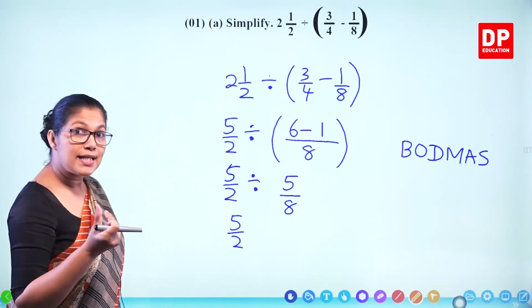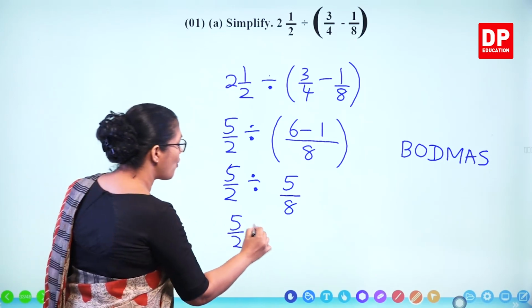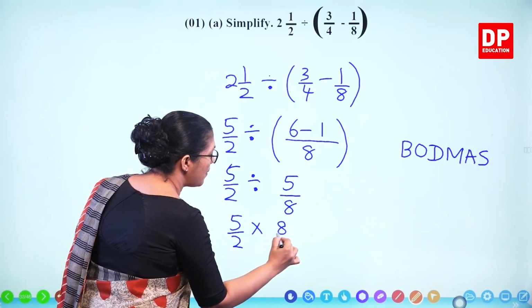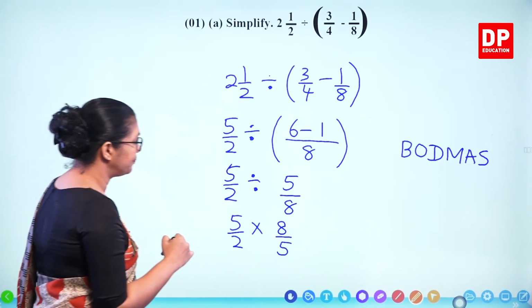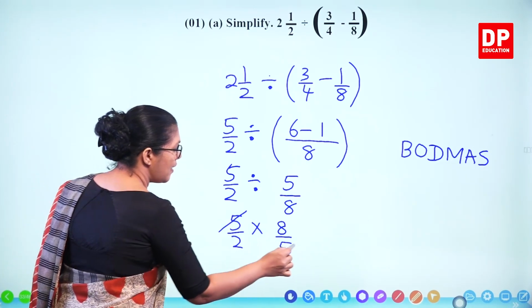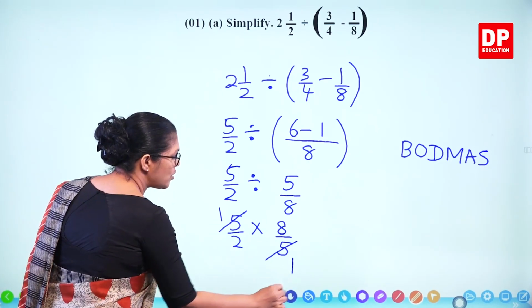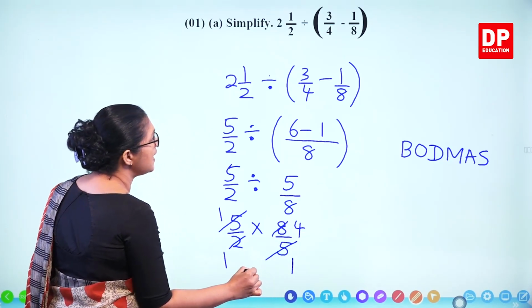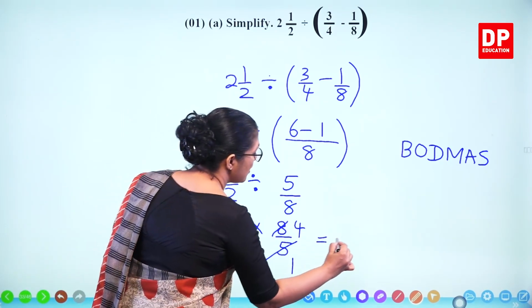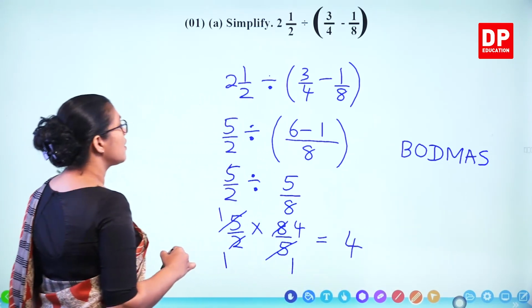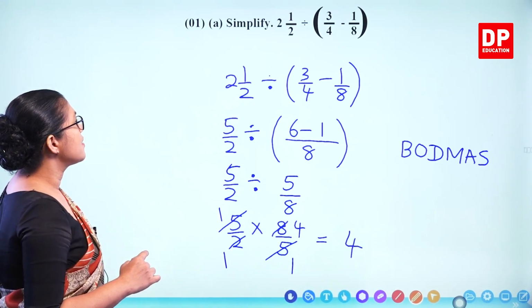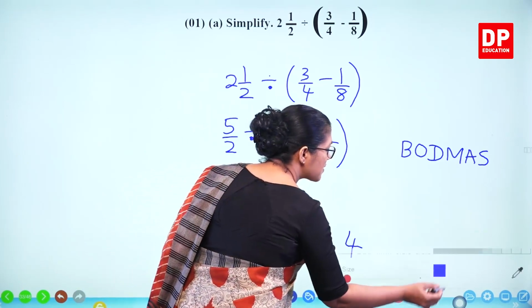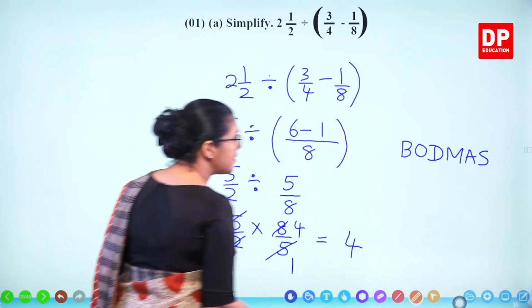Then 5/2 multiplied by the reciprocal of this. So 8 goes up and 5 goes down. Now simplify. 5 and 5 get cancelled out. 2 with 1, 2 with 4. So what's the answer? You get 4. So 4 is the answer. How do you get marks here? We'll look at the marking scheme.